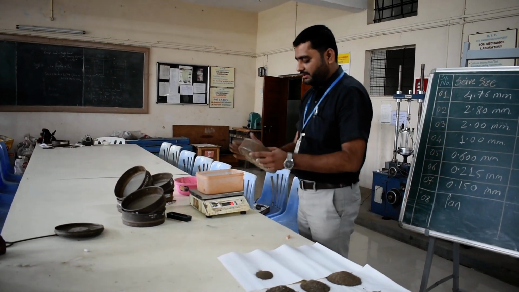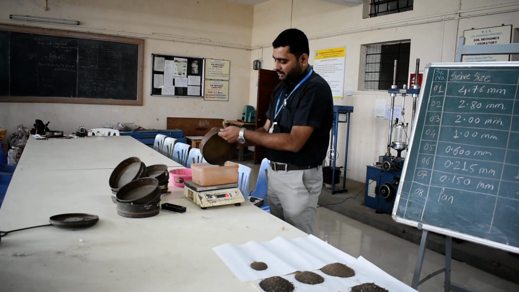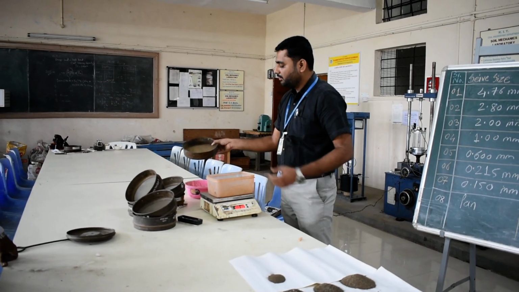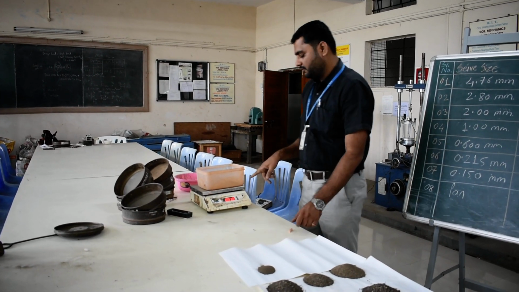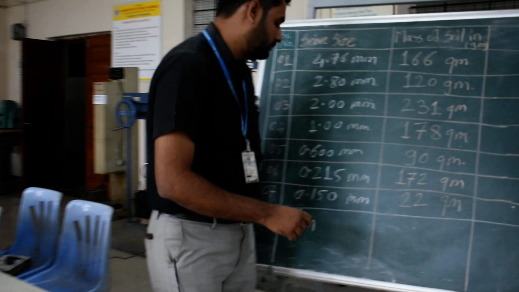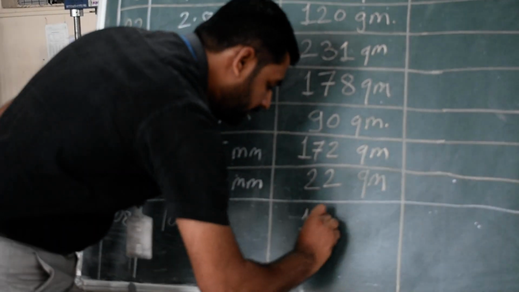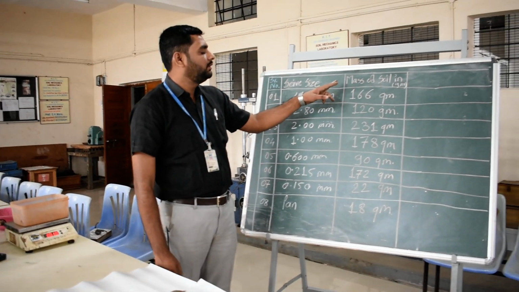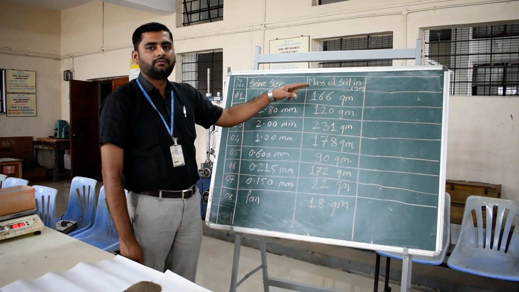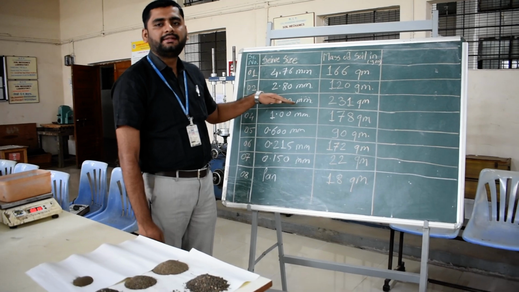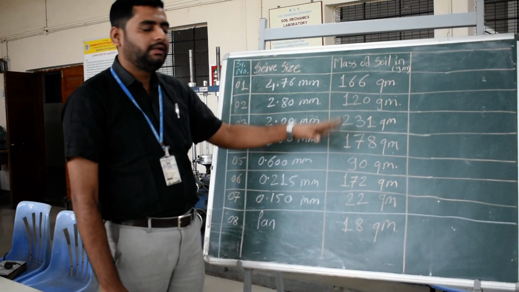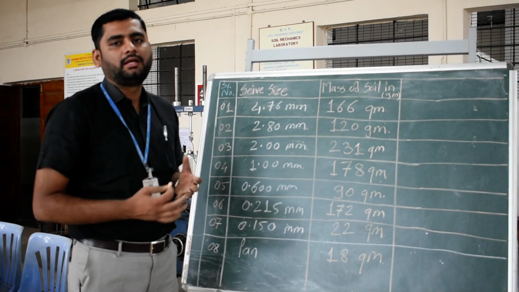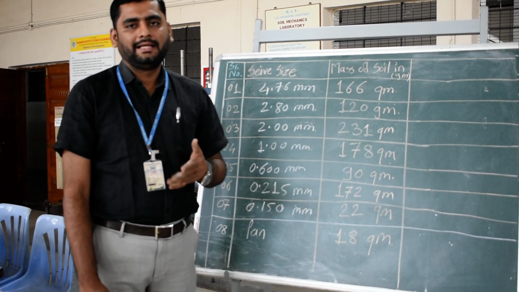We also have to measure the mass of soil retained there. It is 18 grams. So total is. We have already written the total mass of soil retained on each sieve. These are the total observations we have to take when performing the experiment, and then the calculation part. So we will perform the calculation part.